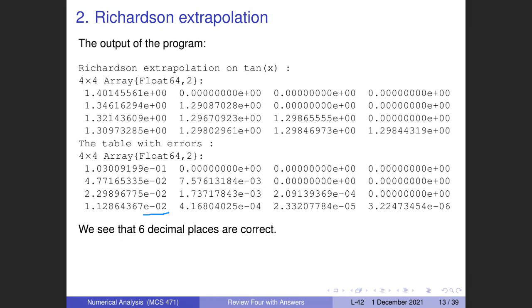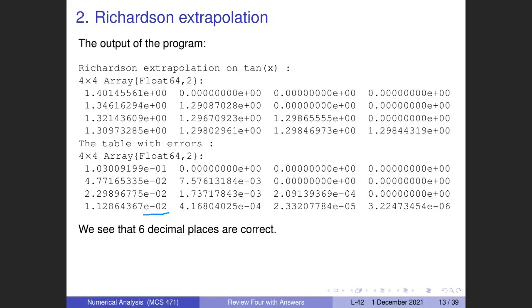So we look essentially at the last column. And each time we eliminate one order. So we go from 10 to the power minus 2, 10 to the power minus 4, 10 to the power minus 6, 10 to the power minus 8. So we could anticipate that we could have had 8 decimal places correct. So that's a good reasoning.